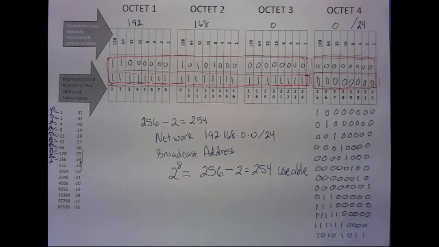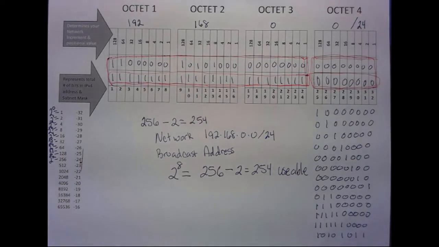The next concept I want to talk about is something known as the magic number or the subnetwork increment. Now I just want to introduce this, and we're going to use it at a later time, but I want you to start practicing with it now so that when we use it, it will be easier and you will already be able to do it.